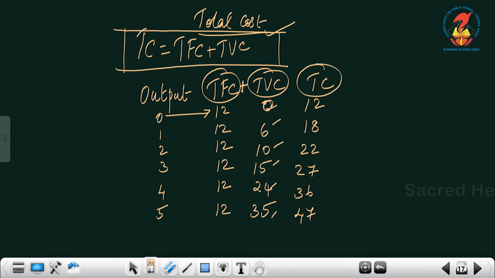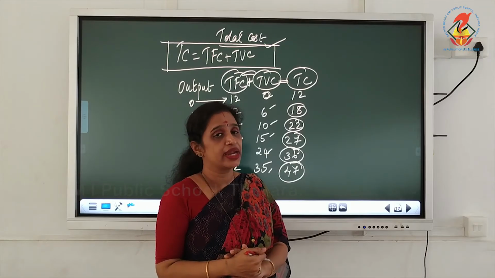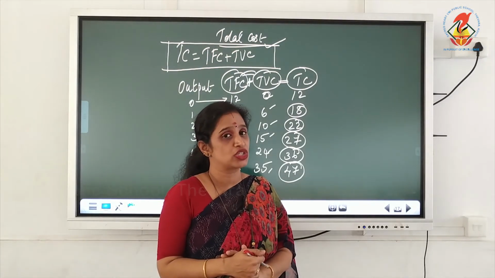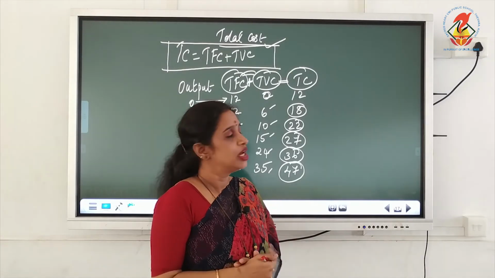When we add these two together, you will be getting the total cost. 12 plus 0, 12, 12 plus 6, 18, 12 plus 10, 22, 12 plus 15, 27, 12 plus 24, 36, 12 plus 35, 47. So, when you add the total fixed cost and total variable cost, you will be getting the total cost.